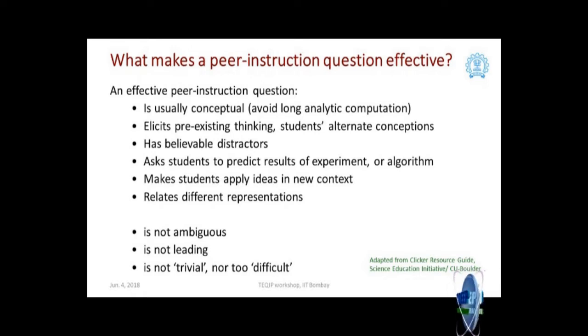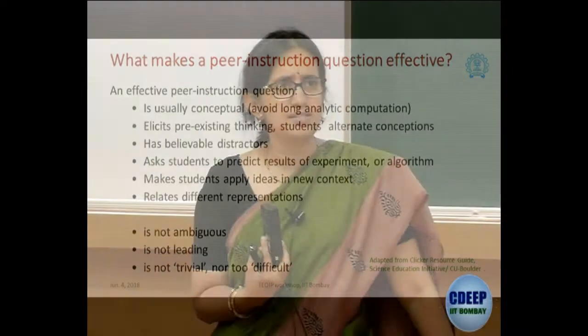It is known that students struggle, everybody, not just students, people struggle with this idea of events and how to do it. So it's known that this is the prior knowledge that everybody comes with, and the question should target it, it should elicit this out of the students. The distractors should be believable. If choices are A, B, C, D, it should not be obvious that B is the right answer.